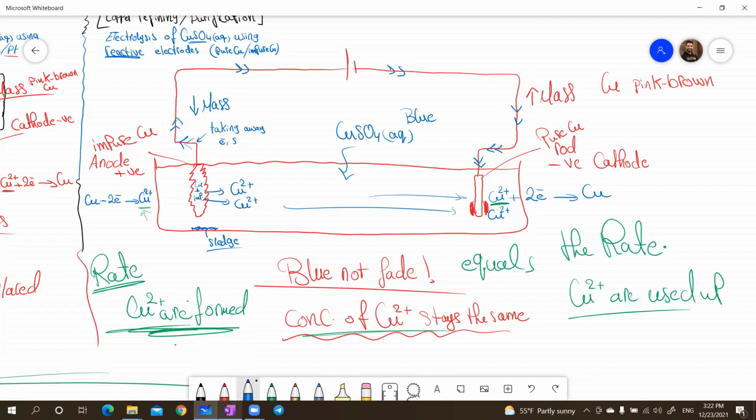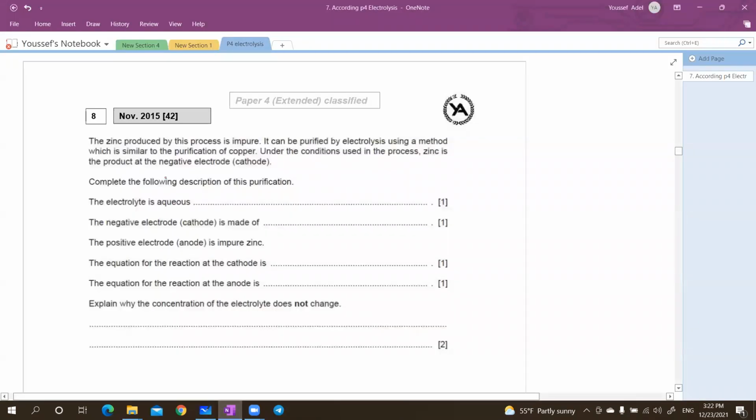So this process is similar to the purification of zinc. The electrolyte is aqueous zinc sulfate instead of copper sulfate. The negative electrode, the cathode, is made up of pure zinc instead of pure copper, and the positive electrode is impure zinc.